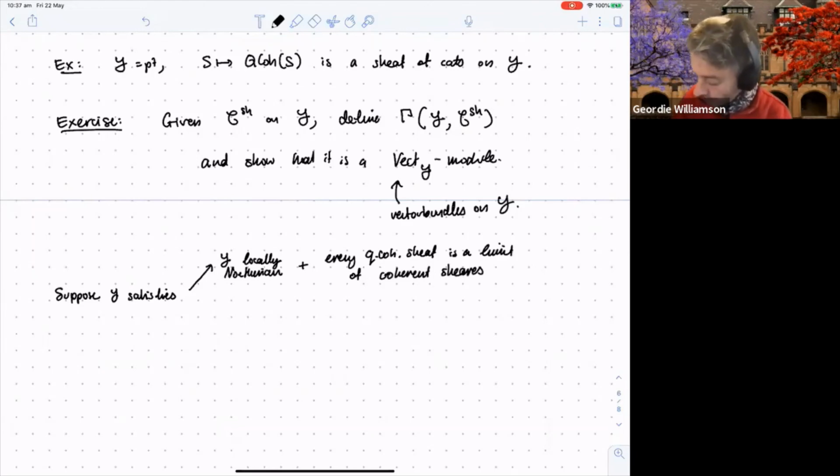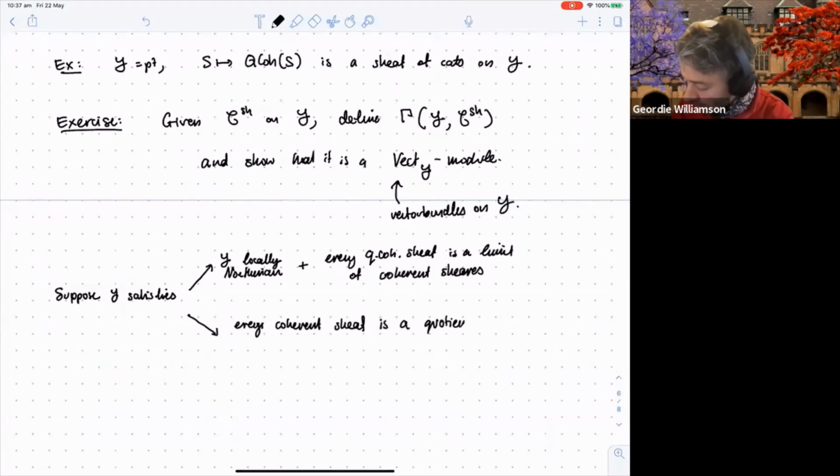Okay, so this will be true in any setting that I've ever considered. And the second one, I think it's something like an enough ample bundles assumption. It's the statement that every coherent sheaf is a quotient of a vector bundle.